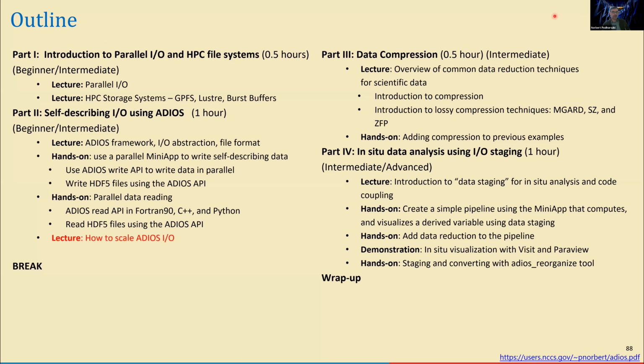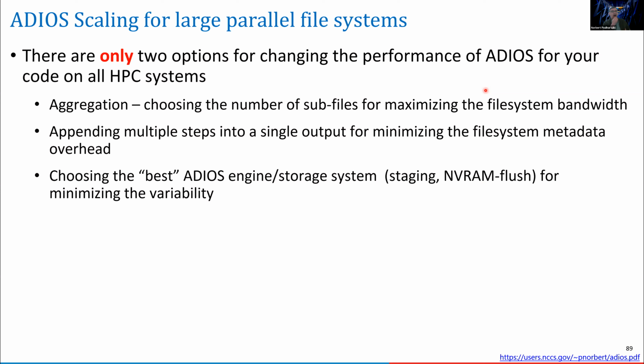Okay, so let's talk about how we scale ADIOS on the big computers. We try to make ADIOS as easy to use as possible. That is one of our goals. There are two options in ADIOS to change the behavior for addressing file I/O on the big computers.